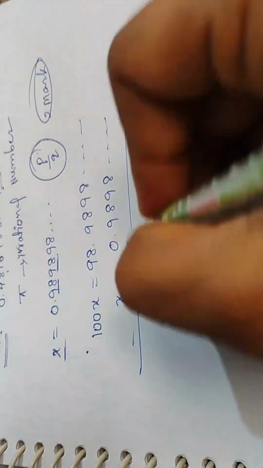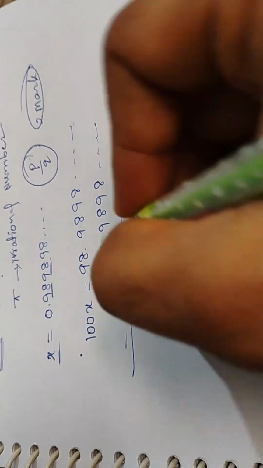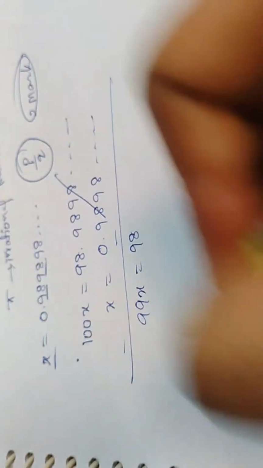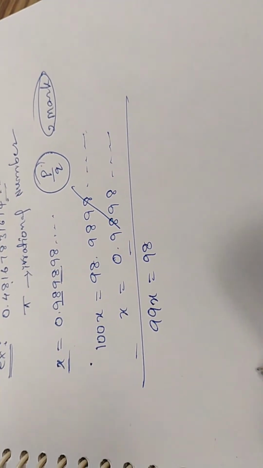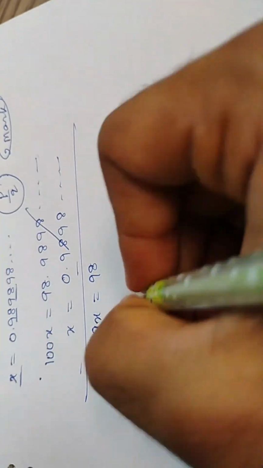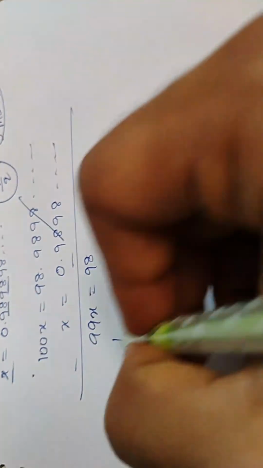Do the minus here. It is 99x is equal to 98. This cancels all. Again look here. How will you write x? 98 by 99.